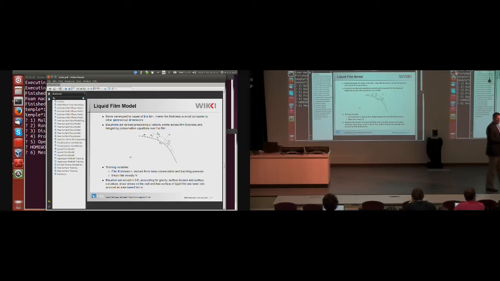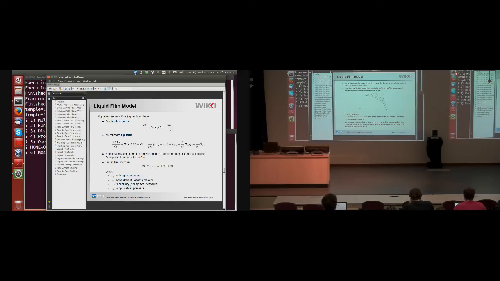There are obviously assumptions. The first assumption is that the normal gradient is 0. The second assumption is that the profile of the velocity is self-similar. But by hooking up these equations, I can come up with an equation set that looks like this.